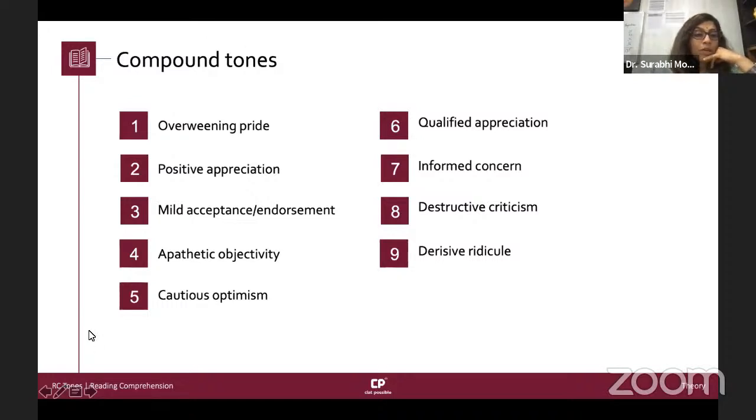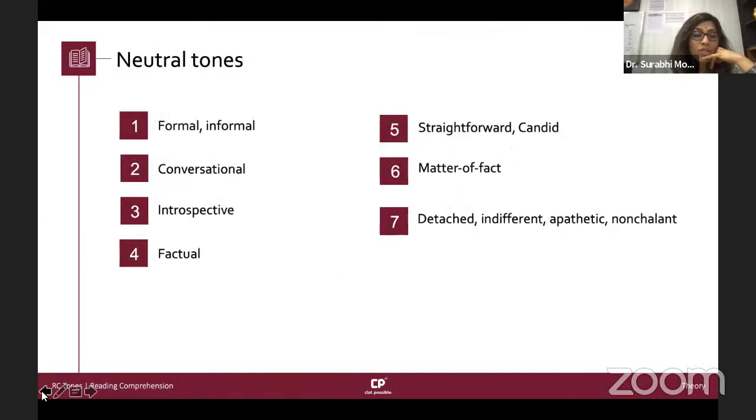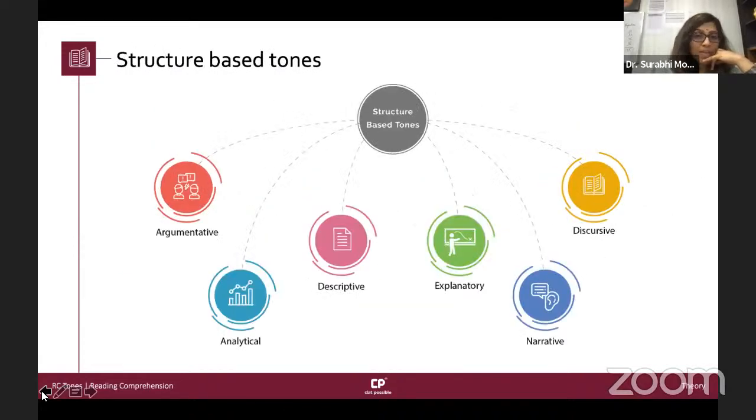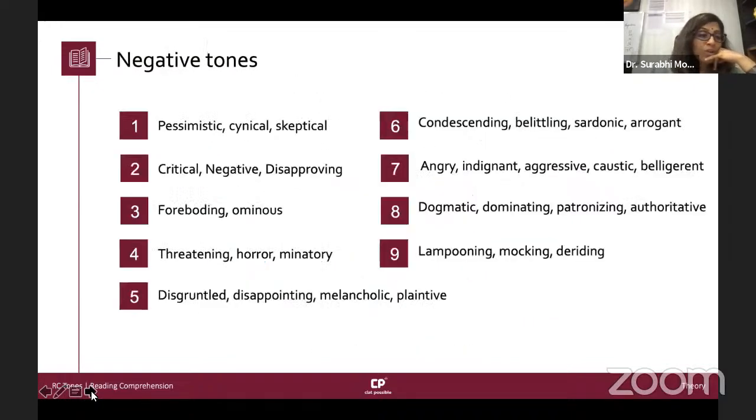Great. So please go over the tones, compound tones, the tones for the opposites, contraries, neutral tones, negative, positive, and structure-based tones. All these are complete tones. Now, the only thing that will happen is some of these words, you will probably get new words like you got scathing for condescending.